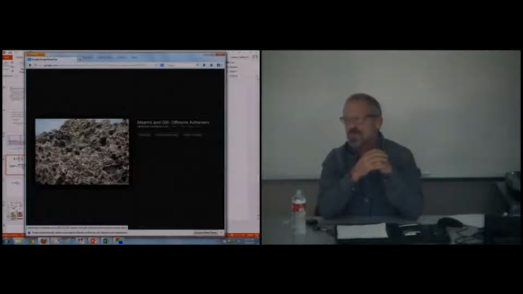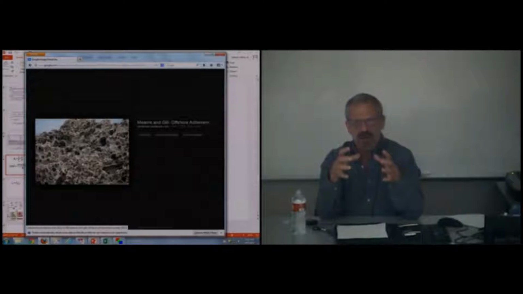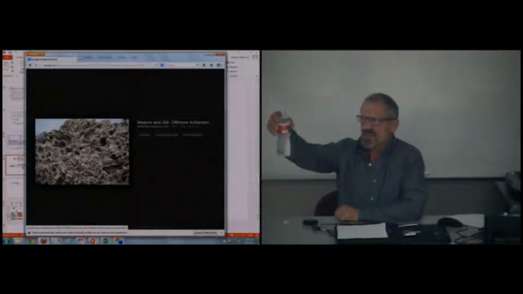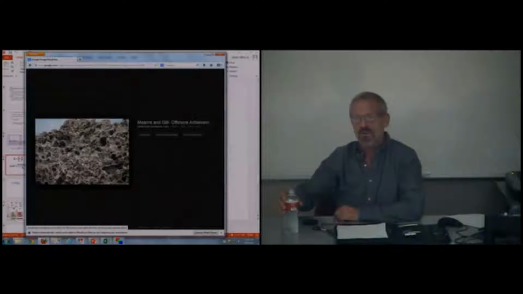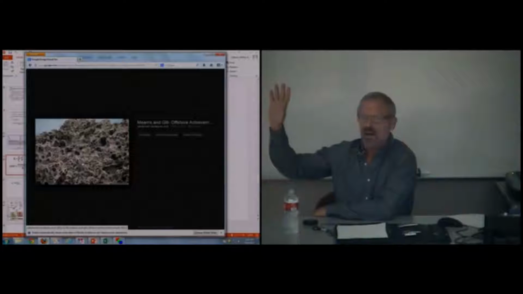So we have tools, called logging tools, that we run in the hole specifically through a formation to measure this porosity. And sometimes we use a coring bit that goes down and actually comes up with an upright cylinder of the reservoir rock that we can take to the laboratory. How many people here have been in our laboratories?